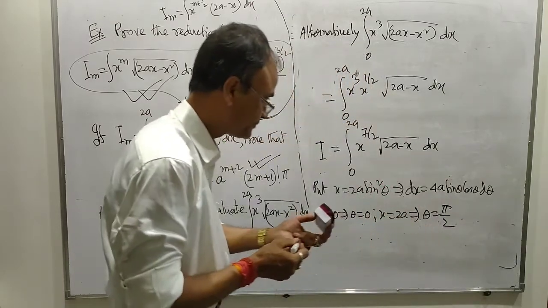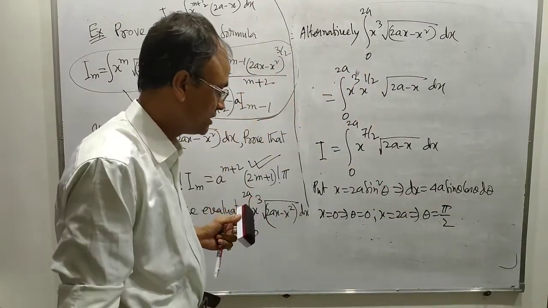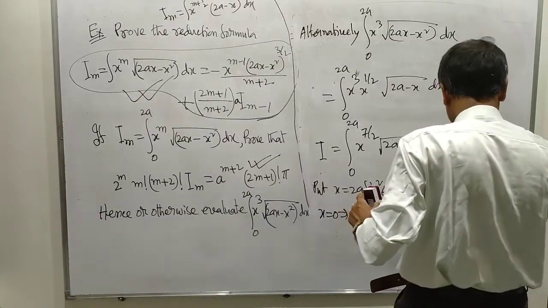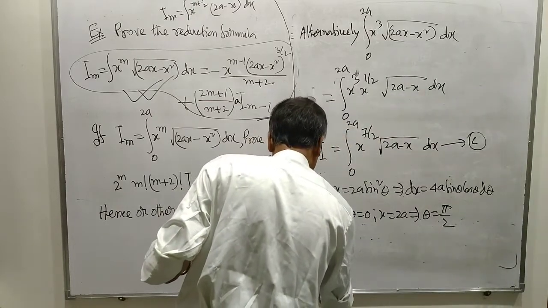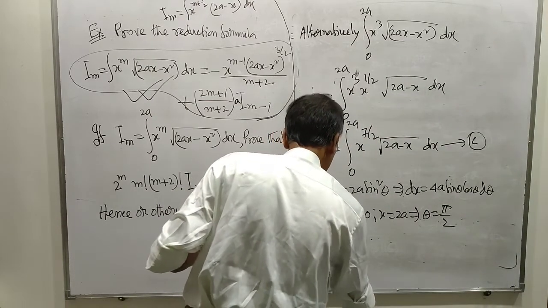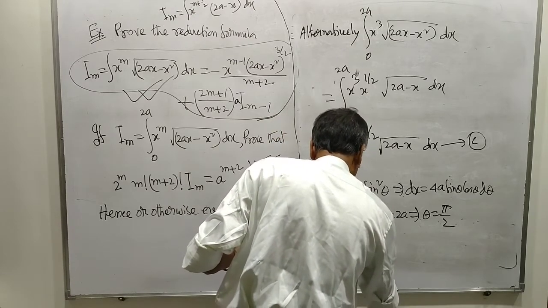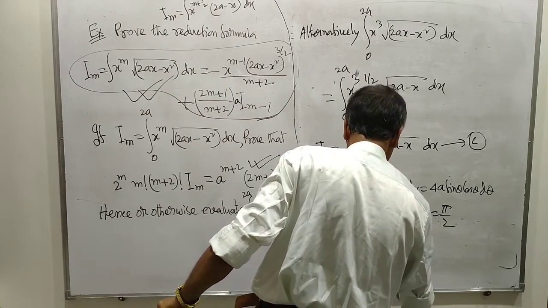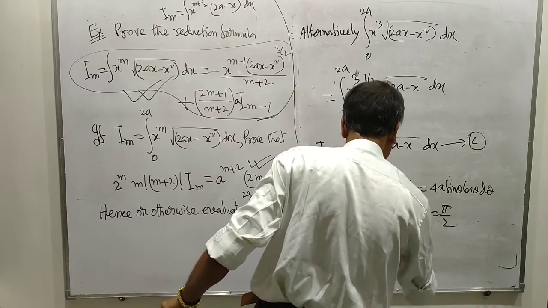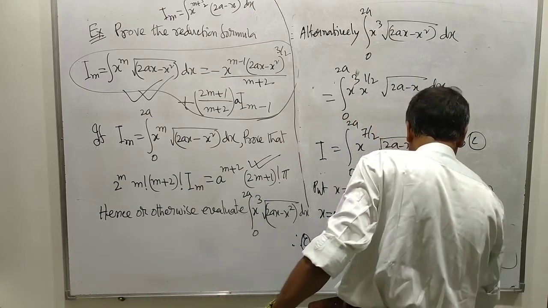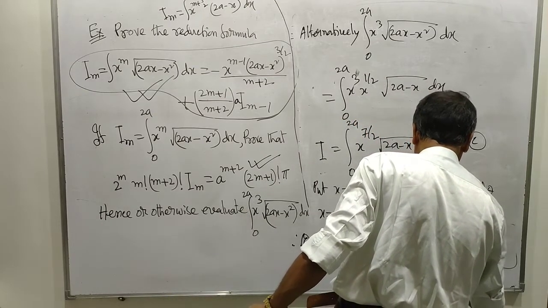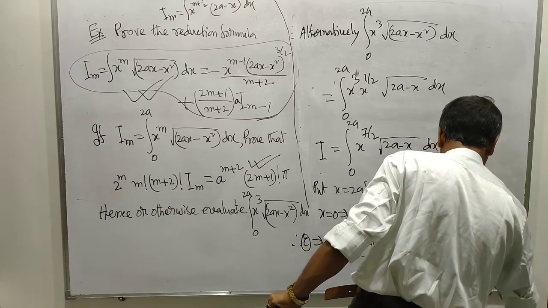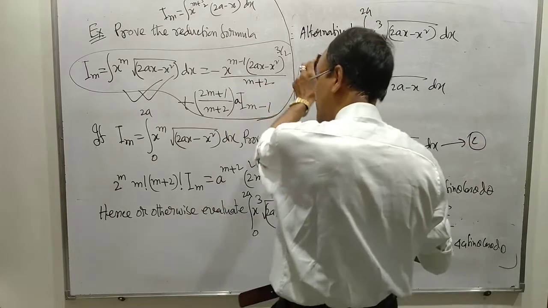Therefore, I equal to integration 0 to pi by 2 of (2a sin square theta) whole to the power 7 by 2 into root over 2a minus 2a sin square theta into 4a sin theta cos theta d theta.